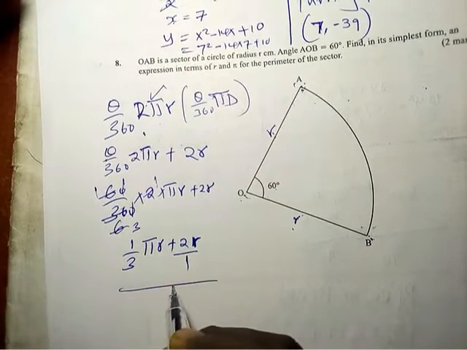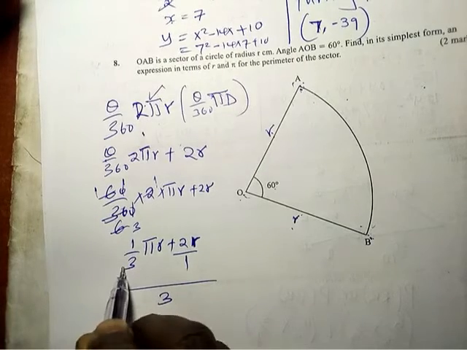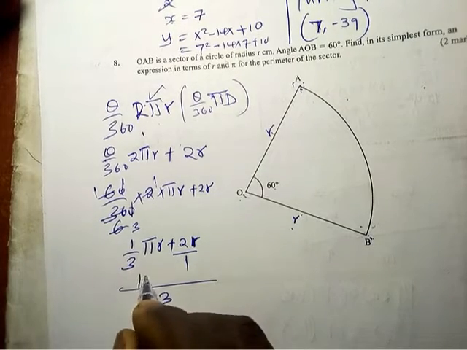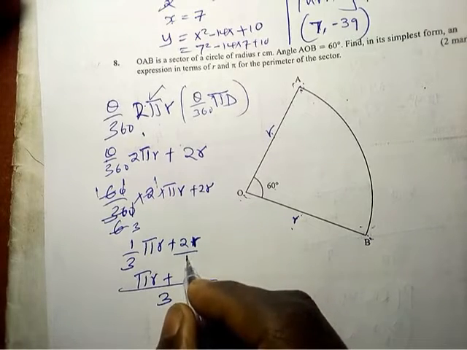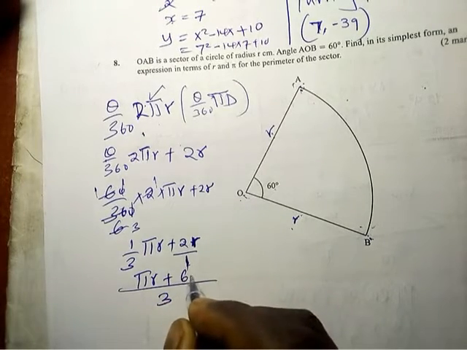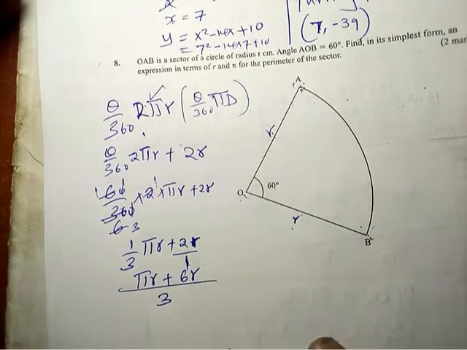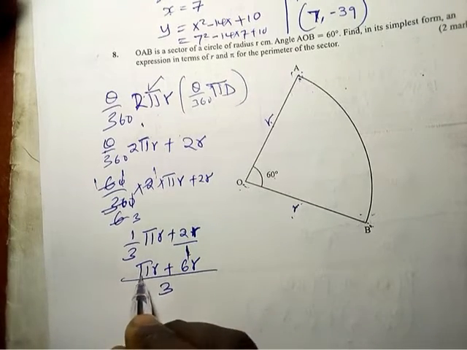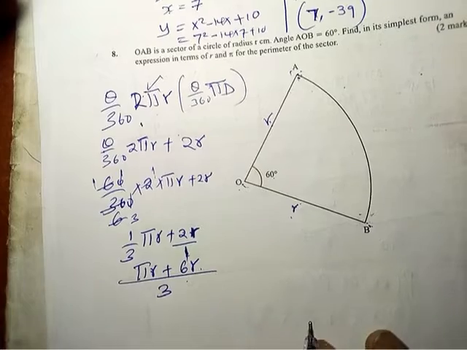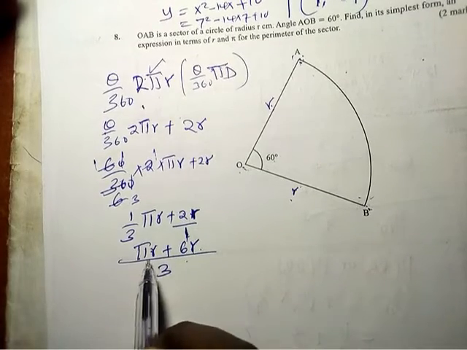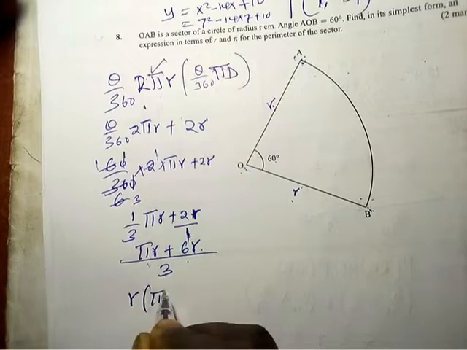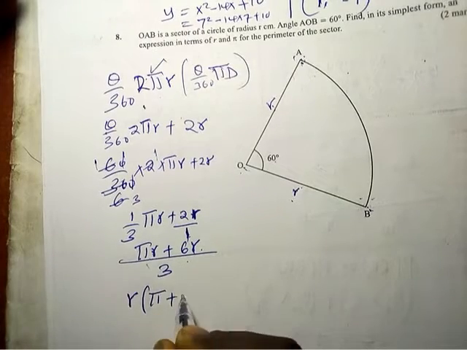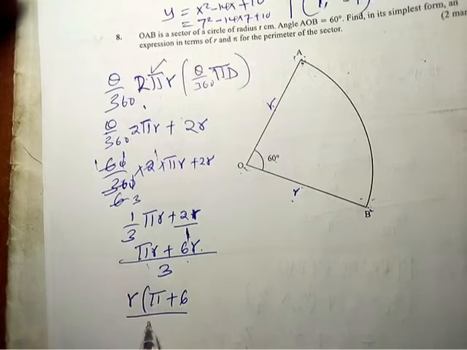Let us make up the LCM. LCM is 3. 3 inaenda hapa mara ngapi? Mara moja. So we have pi r plus 3 inaenda hapa mara ngapi? Mara 3. So itakuwa 6r. Good. Now we have pi r over this. What is common here? R is common. So R into pi plus 6 divided by 3.